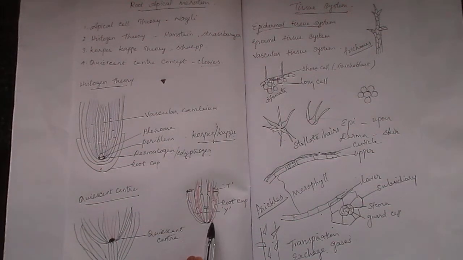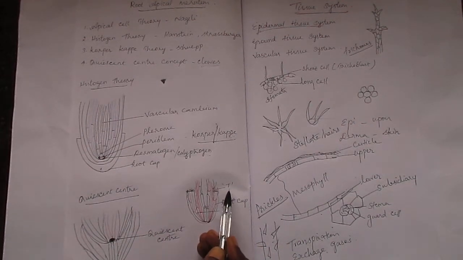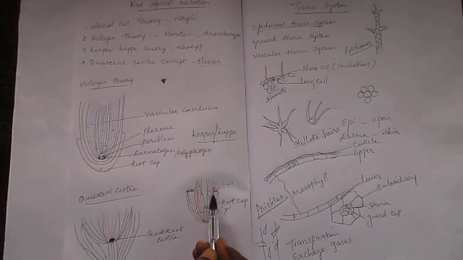When you look at this diagram very closely, you find there are 2 divisions, T-shaped divisions and Y-shaped divisions. The 2 regions are distinguished by the T. This T is also called Y, either T or Y-shaped divisions.